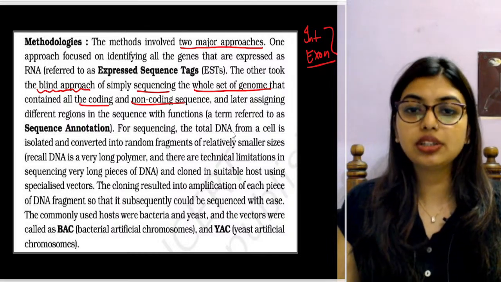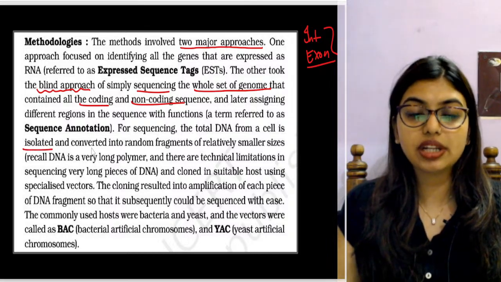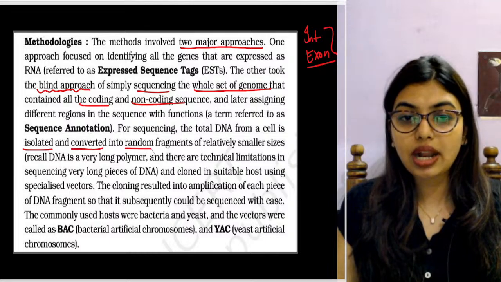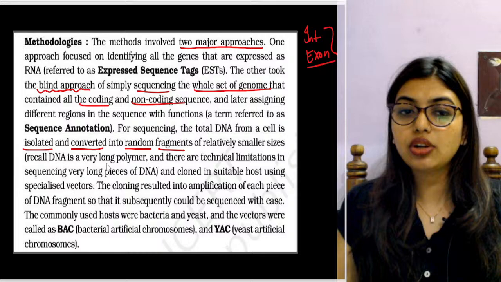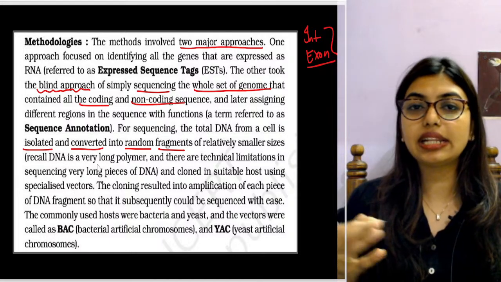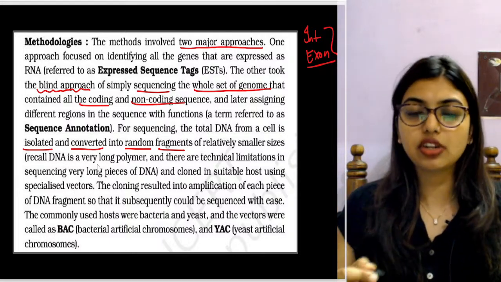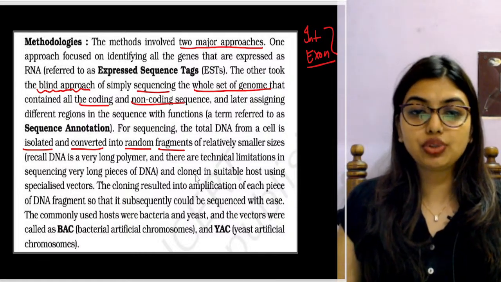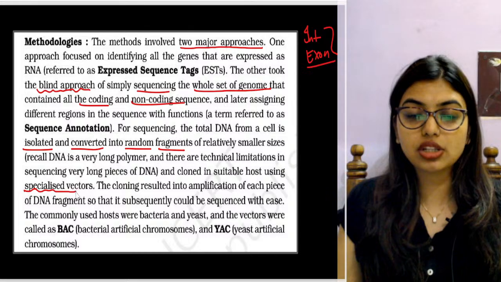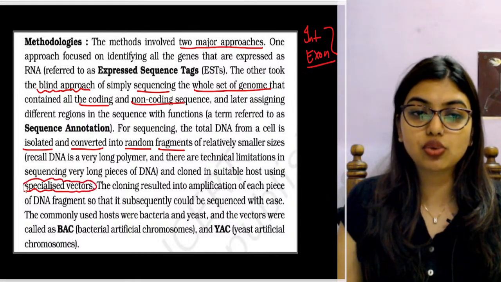For sequencing, the total DNA from a cell is isolated and converted into random fragments of relatively smaller size. Recall, DNA is a very long polymer and there is a technical limitation in sequencing a very long piece, so we make it into small pieces. Then it is cloned in a suitable host using a specialized vector. Students, those who studied biotechnology, this will be so easy.